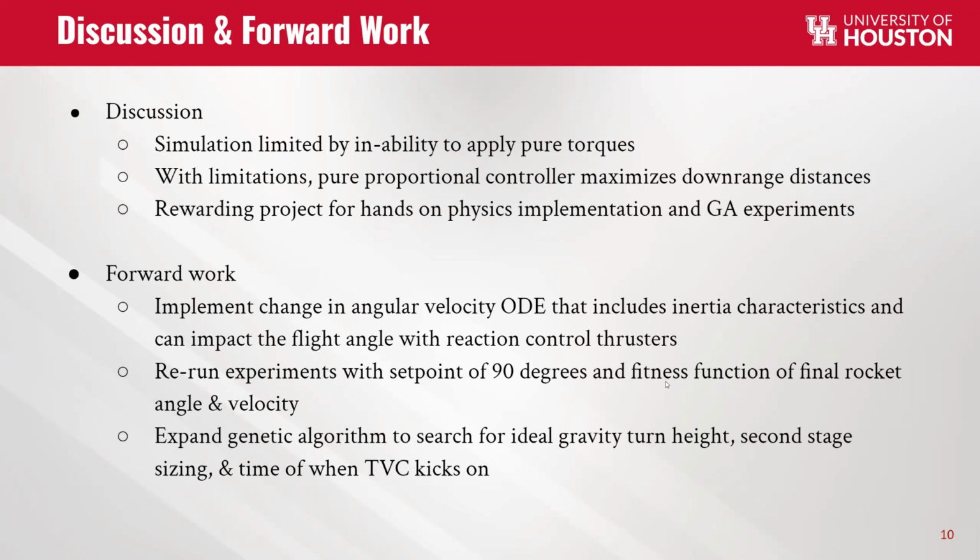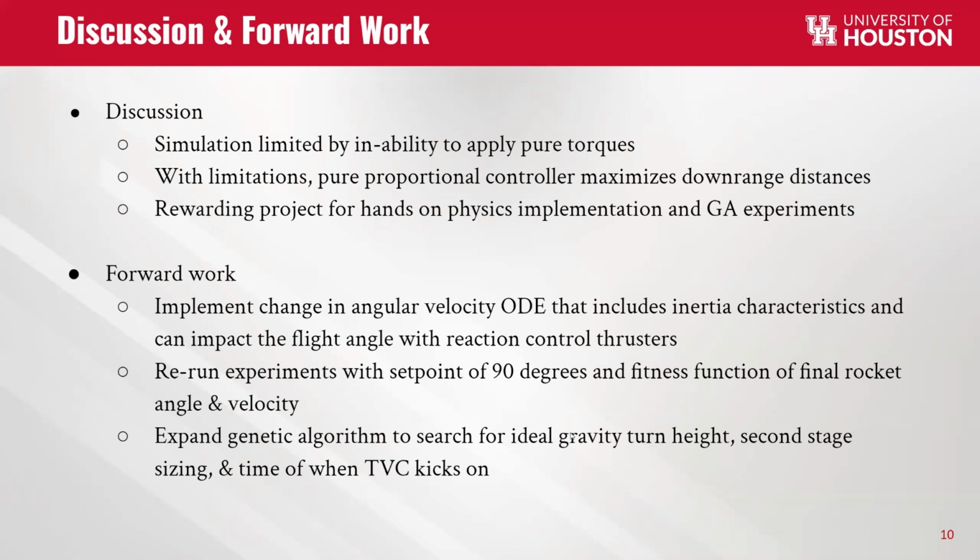And instead of trying to maximize the downrange distance, I would change the fitness function to essentially a combination of our final height and time, trying to make sure that we're closest to that 90-degree upright landing, as well as nulling that velocity. And then finally, I would consider expanding the genetic algorithm to make the search space larger, to optimize the trajectory further.